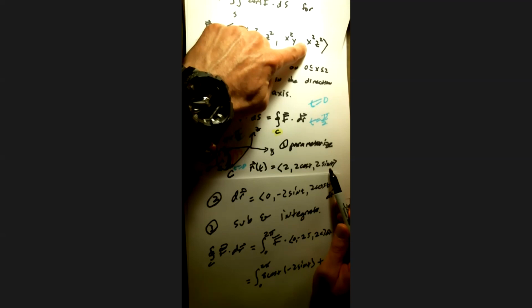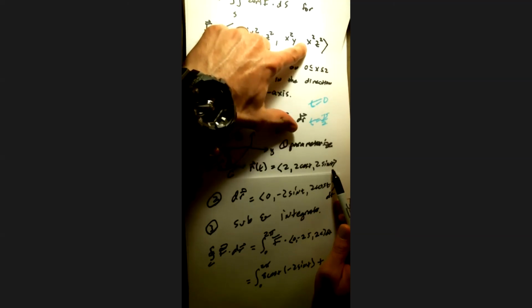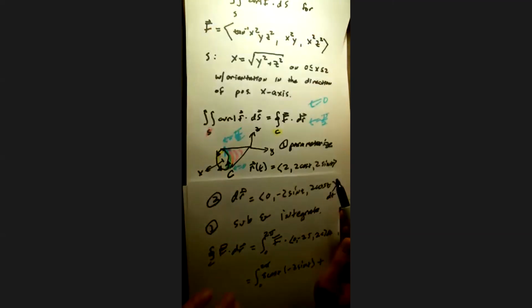Z squared is going to be 4 sine t. Did I do this right? So that would be 16 sine squared t, times 2 cosine t. Did I do that right?